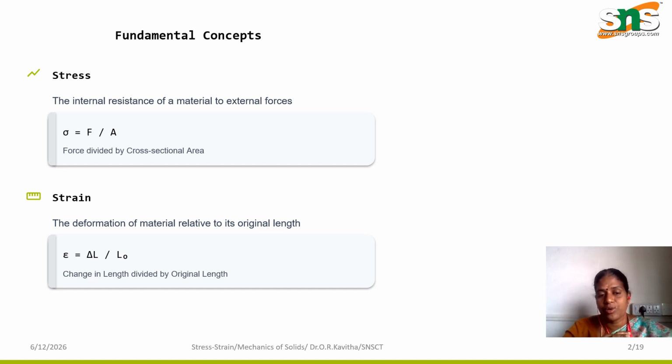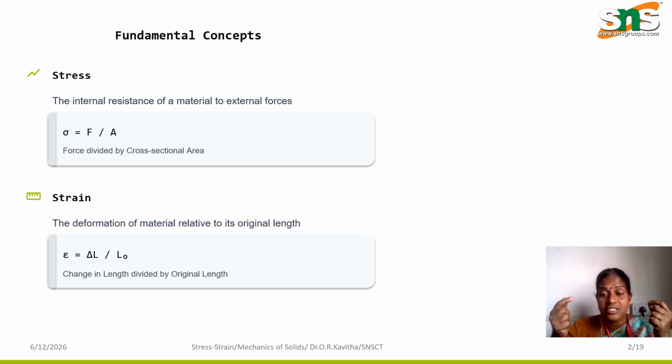And if I am talking about the strain, here I have taken a mild steel and I am applying the tensile load. Whenever I apply the tensile load, the lateral dimension will decrease and the longitudinal dimension will increase. So changes occur in the longitudinal and lateral dimensions.